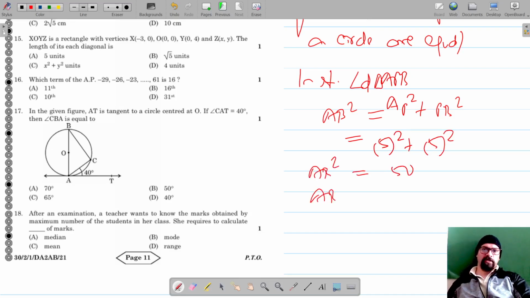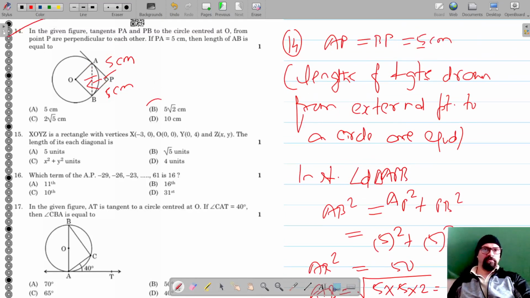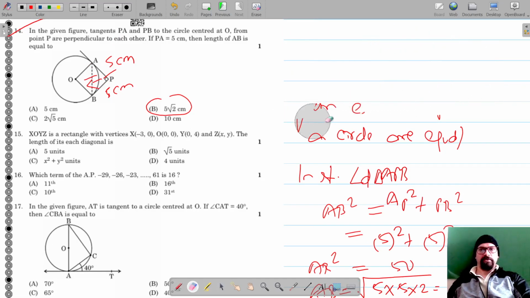AB square is 50, and I can write it as 5 into 5 into 2, which gives us AB as 5 root 2 centimeter. So 5 root 2 centimeter means option B is the correct option here.